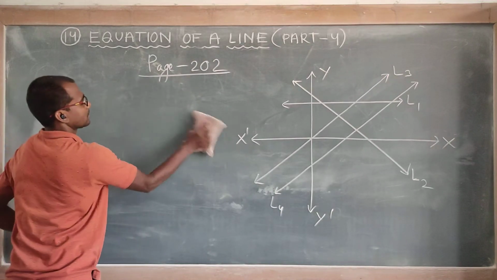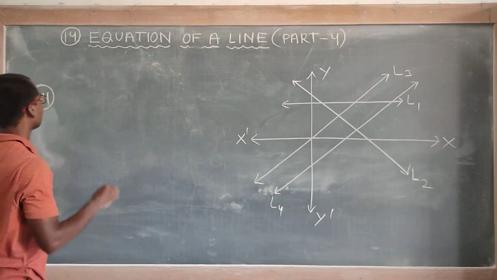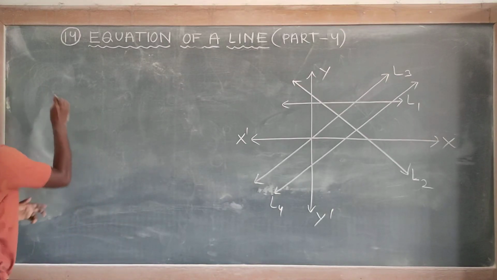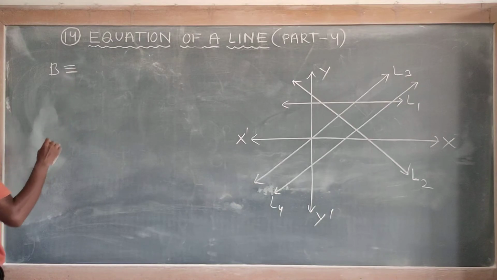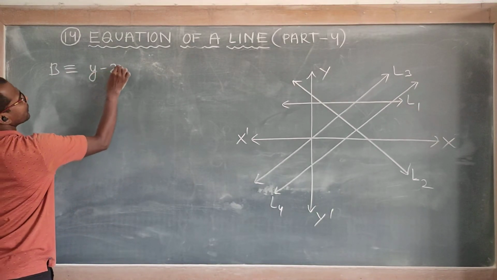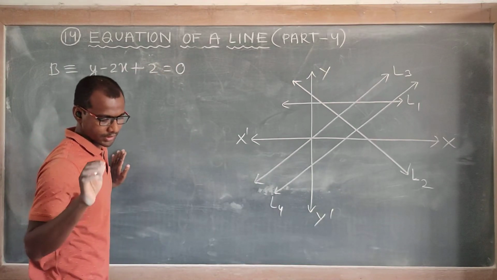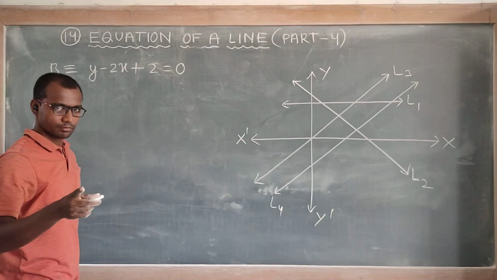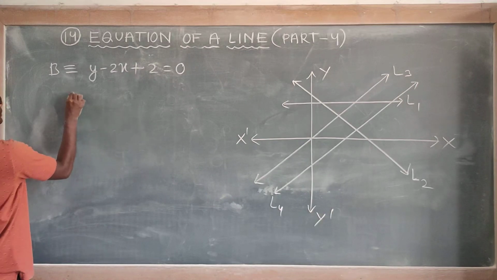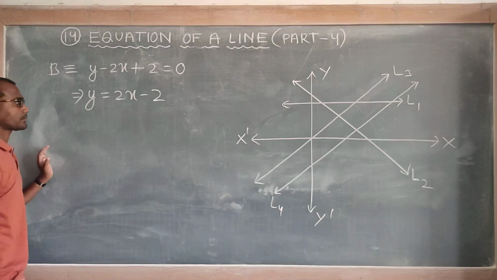Next, second equation is given, B: 2x minus y minus 2 is 0. This is in the standard form. Bring it to the slope intercept form to get the information about the line. We can write y equal to 2x minus 2.